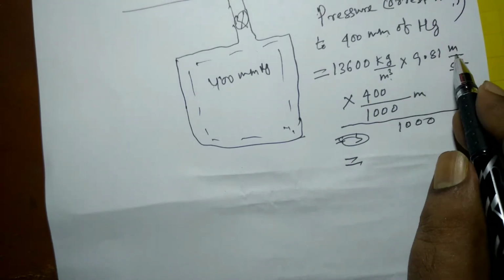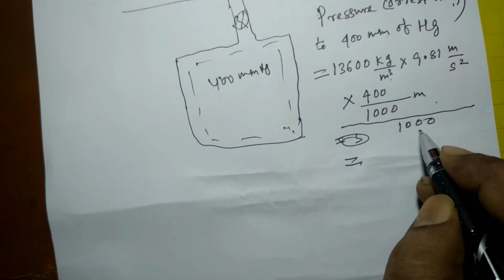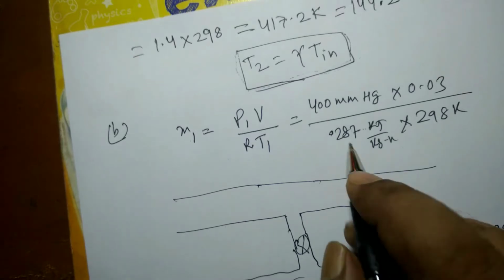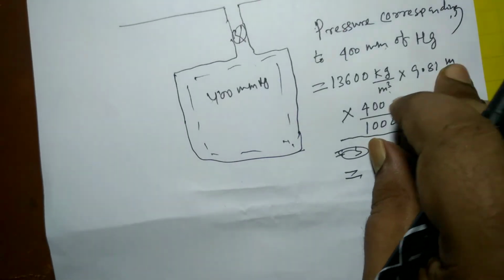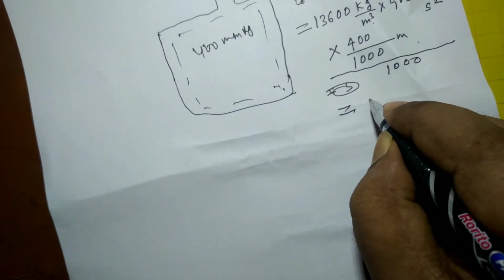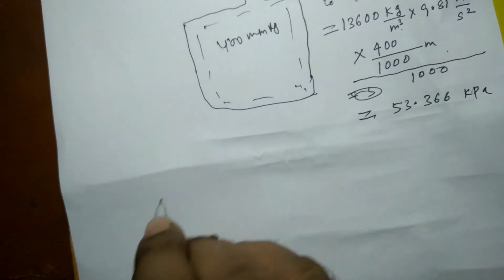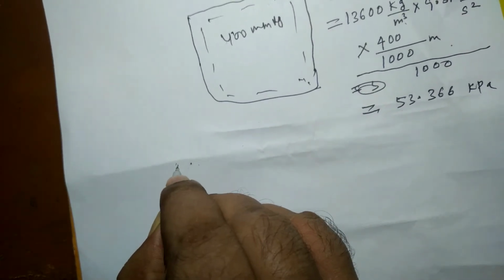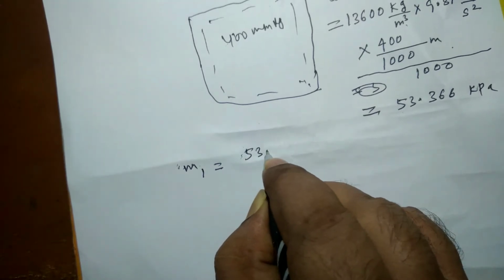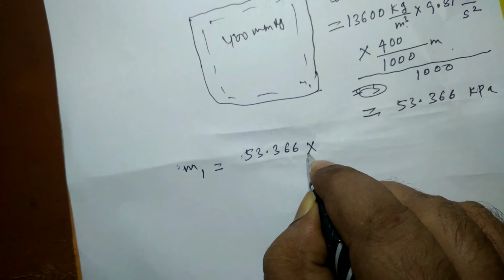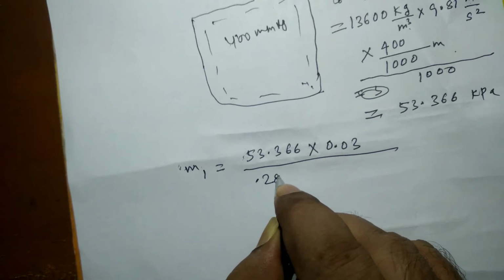This is in kg per meter cube, an SI unit, and the SI unit of pressure is pascal, so it will come in pascal. But we have to convert this into kilopascal, since in this ideal gas equation R is in kilojoule per kg Kelvin. So we have to convert this pressure into kilopascal, and in terms of kilopascal this is 53.366 kilopascal. So the initial mass m1 in the bottle will be 53.366 kilopascal into volume 0.03 meter cube, divided by R, which is 0.287.